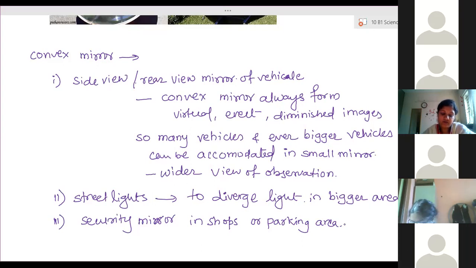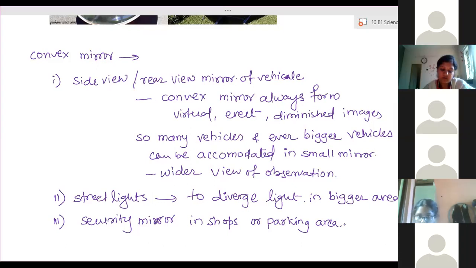Yes. Ma'am, the mirrors which are put on the roads where there is a blind spot, they are convex, right? Not concave. Convex, yeah.